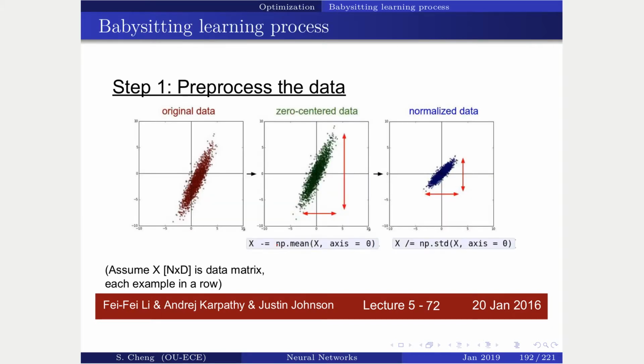Now let's start with something new and kind of important. I won't say a lot about this, but it's actually quite important. Now you start training your model. You collected the data, you decided the model, now you start the learning process, and you really need to babysit that. We mentioned some of these steps previously.